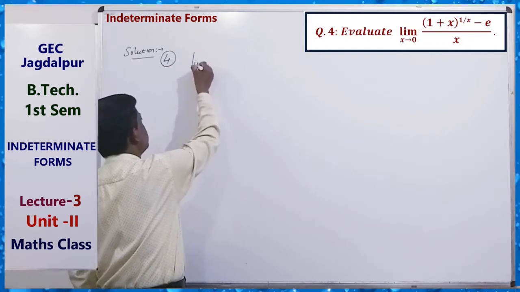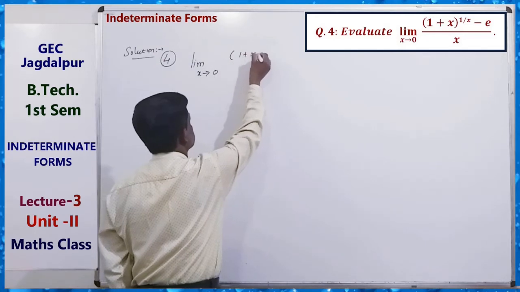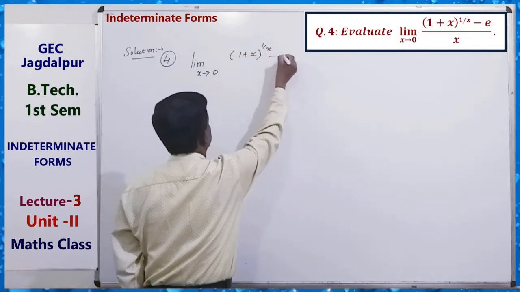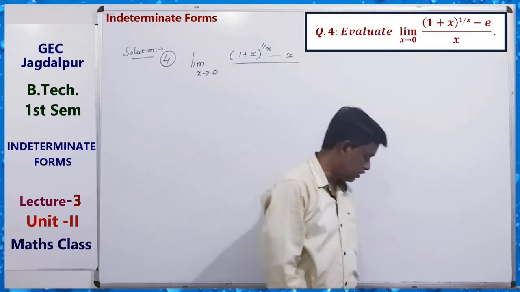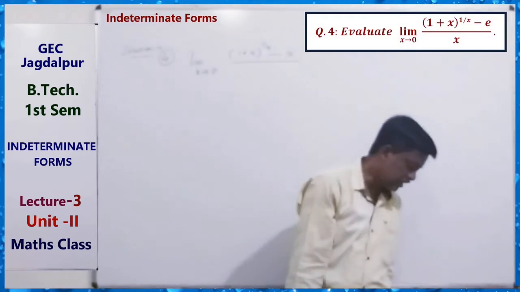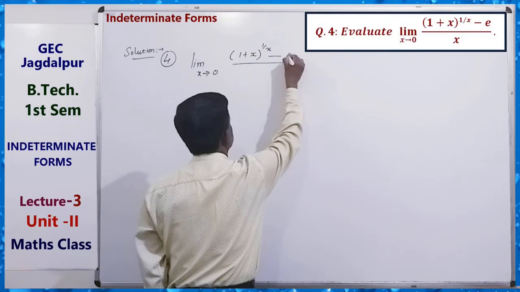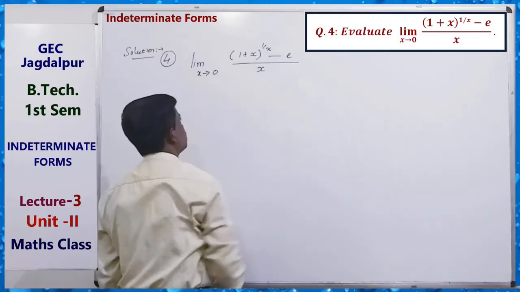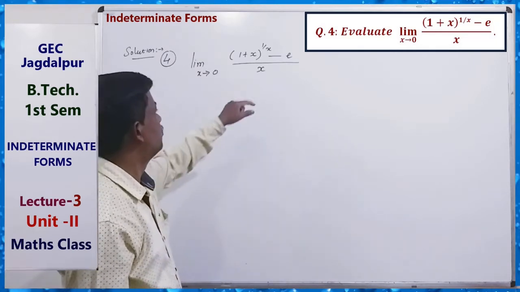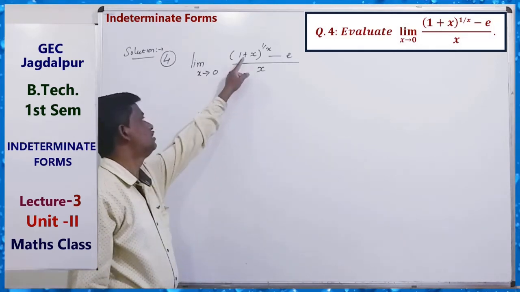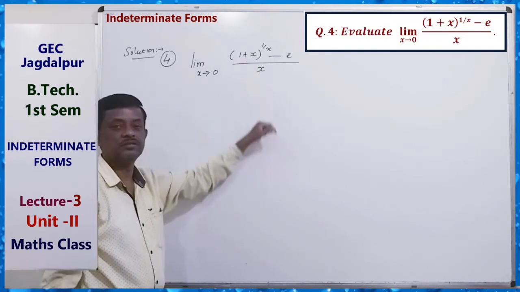So take this question: find the limit as x tending to 0 of (1 plus x) to the power 1 by x minus e, all divided by x. Here as x tends to 0, this is e minus e, 0 by 0 form.